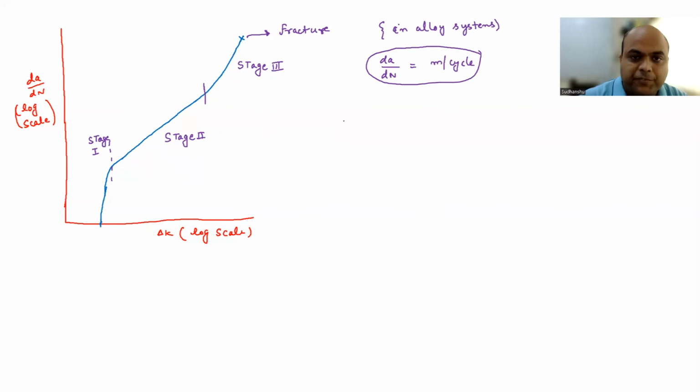So what we observe here is there are 3 distinct regions. Okay. At intermediate delta K, the curve is linear.